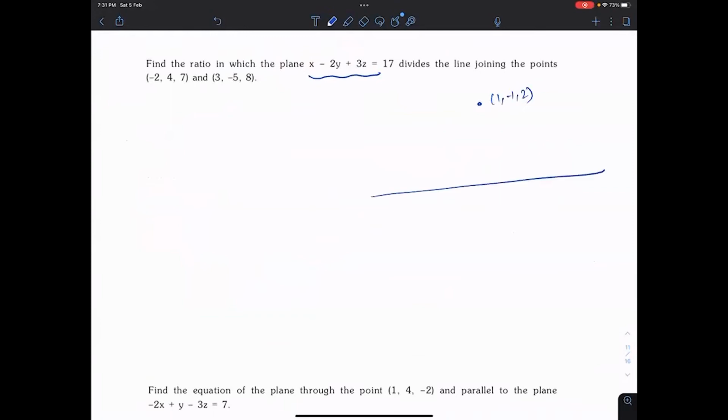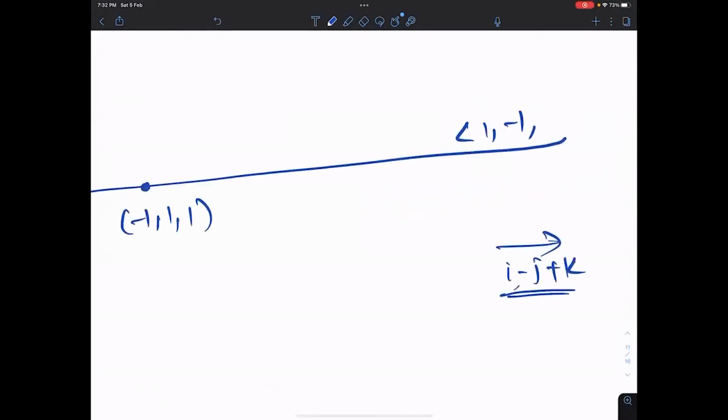In vector form, we have seen the line. In Cartesian form, it is passing through minus 1, 1, 1, let's say, and it is parallel to a vector which is i minus j plus k. But in 3D geometry, what will you use? Direction ratios. If a line is parallel to i minus j plus k, the direction ratios will be 1, minus 1, 1.